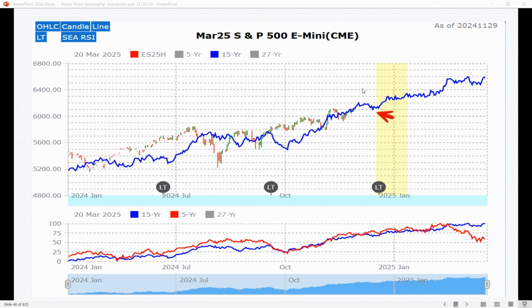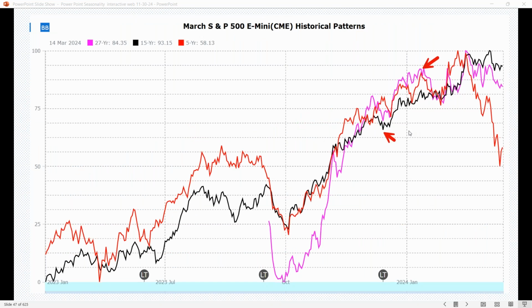And here's just the chart on that S&P. So here it marks kind of when it gets in, this period here. So it's been a very strong seasonal trend. Here's that seasonal continuation chart that you can see for the March S&P. So it tends to get in right there is when it marks it in and out here. So that's the seasonal, but with the markets, things can happen.